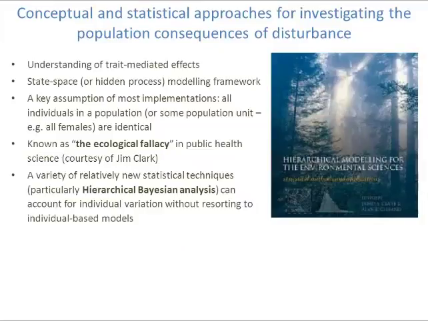So what made it possible for us to persuade ONR to go ahead like this? Well, it's two things. One is a set of conceptual and statistical approaches that allow us to look at these things, and they revolve around something called state space modeling. Now, usually when scientists, particularly biologists, talk about the kind of work they do, they say, well, you know, this is all quite complicated, but it's not rocket science.